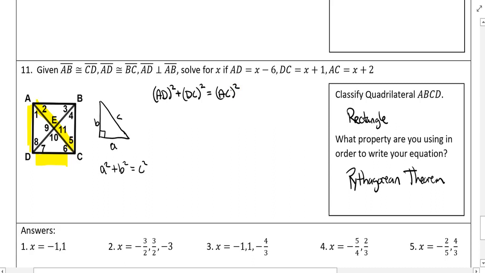Alright, well, we're told that AD is x minus 6, DC is x plus 1, and AC is x plus 2.